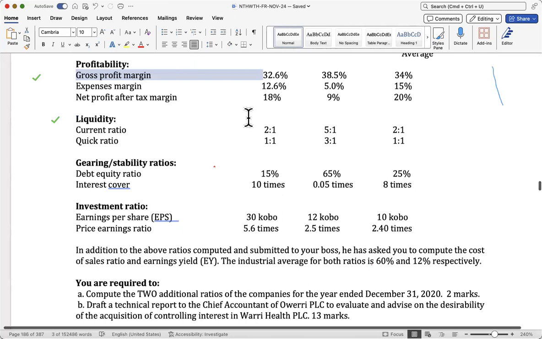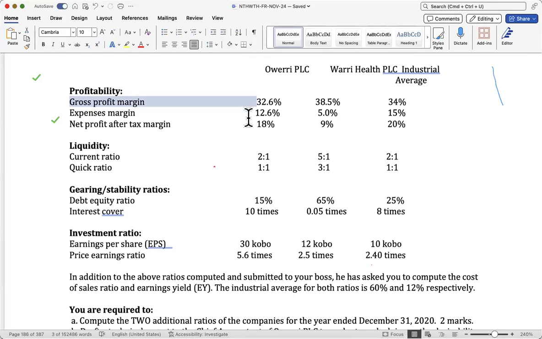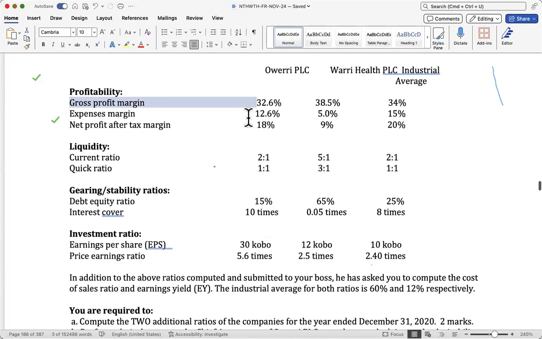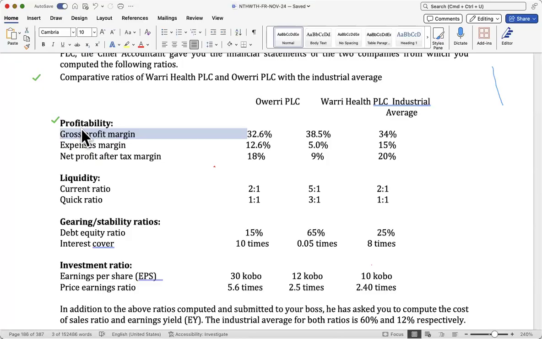Of course, in this particular diet, they didn't even ask them to compute any ratio. They wanted them to analyze and interpret, and it's very straightforward to analyze these ratios. It's just for you to tell them what it means, and also to tell them whether the higher the better or the lower the better, comparing it with another company.